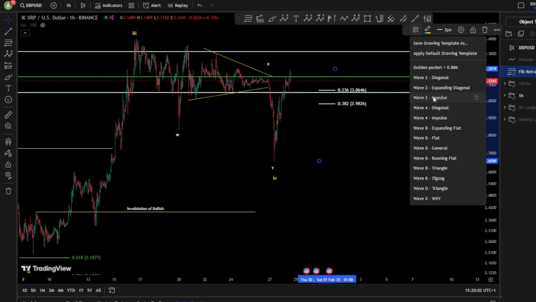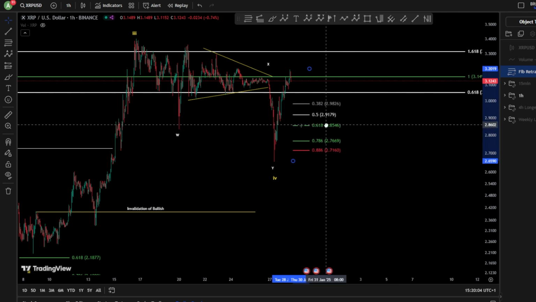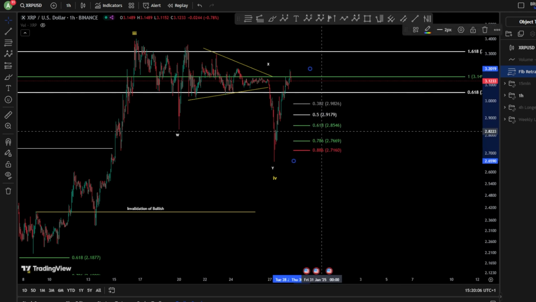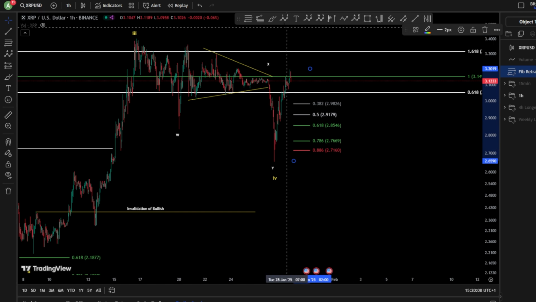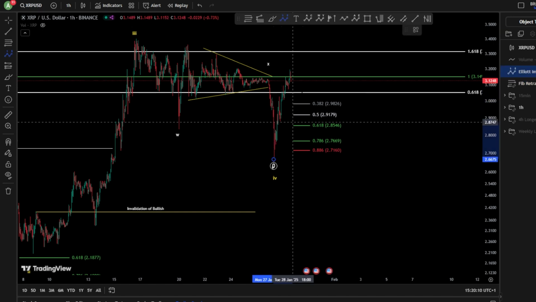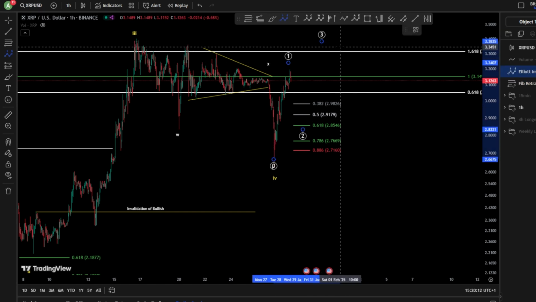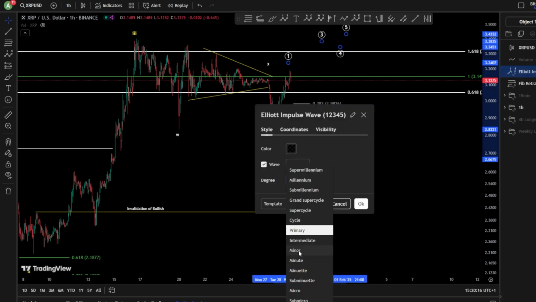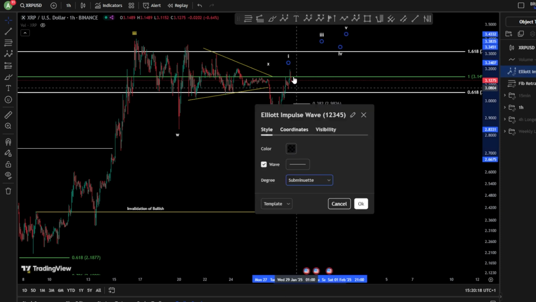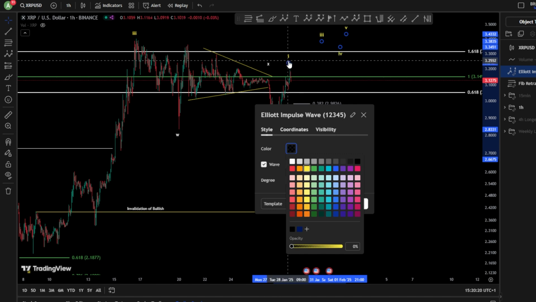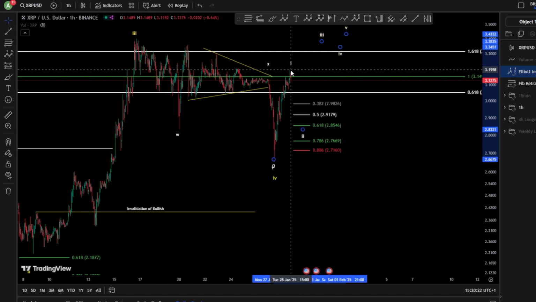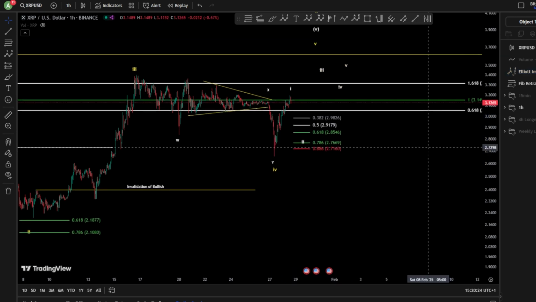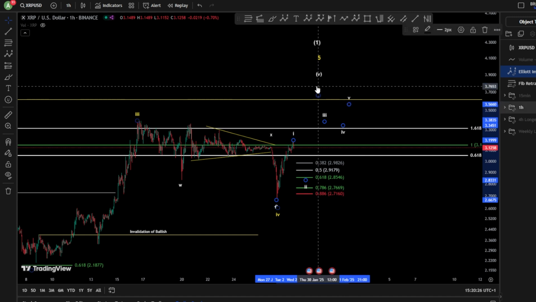So wave 2 impulse, a perfect target would be, of course, the 0.618 and the 0.78, and then, of course, looking for 1, 2, 3, 4, and a 5. Of course, this is a small impulse toward the upside that we want to finish our wave 5 and our bull run for XRP.